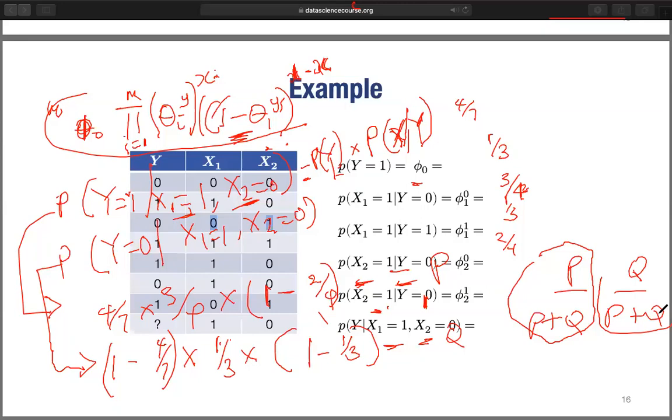Of course, you won't just consider the number of occurrences where you have x1 equal to 1 and y equal to 0. You also have to consider the cases where y is 1 given x1 equals 1 and x2 equals 0, and where you have y as 0, given x1 equal to 1 and x2 equal to 0.